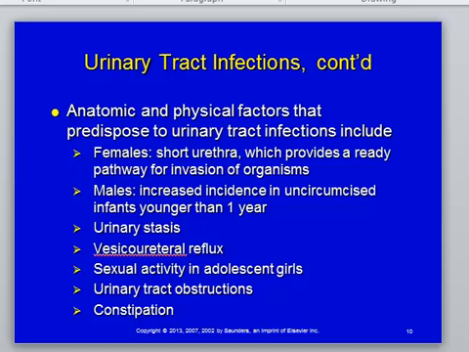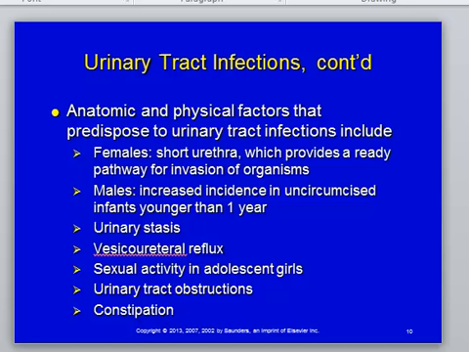This slide goes over some of the anatomical and physical factors that predispose to urinary tract infections, and they include females because of the short urethra, which provides a real ready access for invasion by different types of organisms. In males, there's increased incidence in uncircumcised infants, especially younger than 1 year of age.